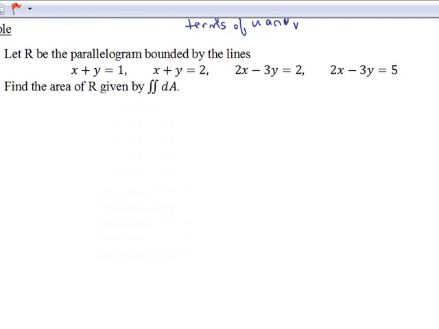Let R be the parallelogram bounded by the lines x plus y equals 1, x plus y equals 2, 2x minus 3y equals 2, 2x minus 3y equals 5. Find the area of R given by the double integral of dA. Okay? Now, we need to put a little R underneath there. Sorry about that.